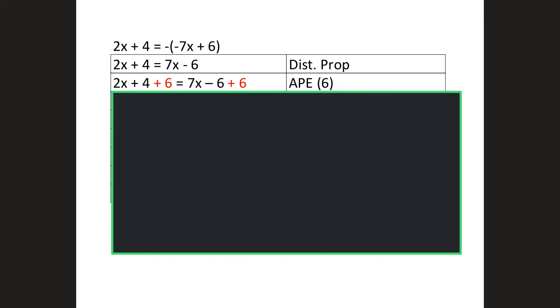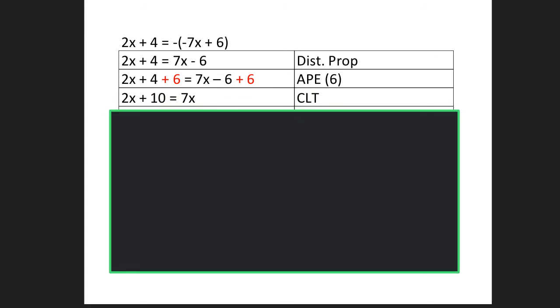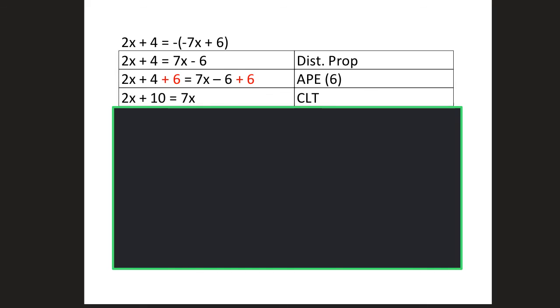My next step, I added 6 to both sides. So 2x plus 4 plus 6 equals 7x minus 6 plus 6. So, when I collect my like terms, 4 plus 6 gave me 10. Negative 6 plus 6, it went away.